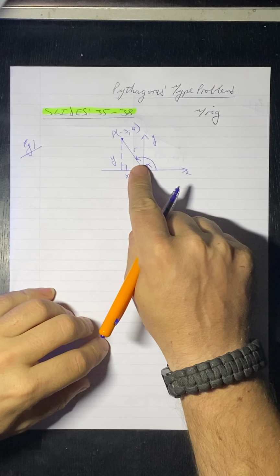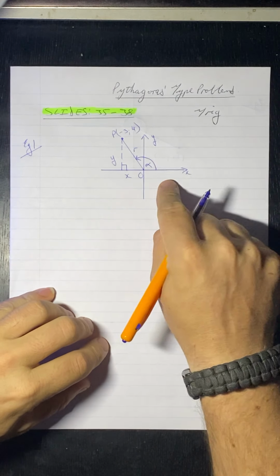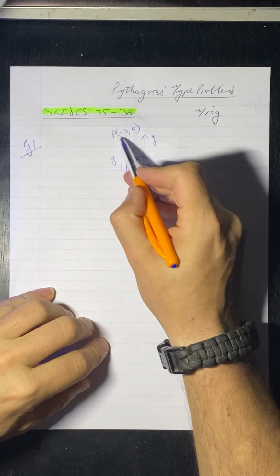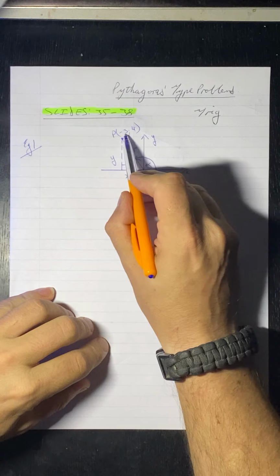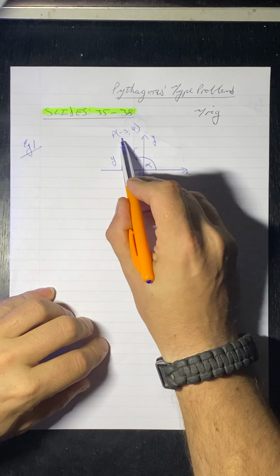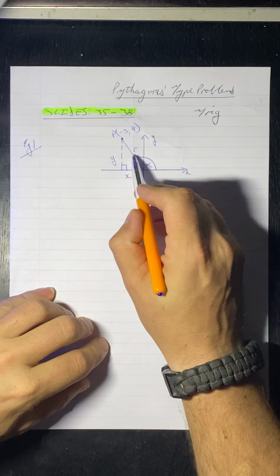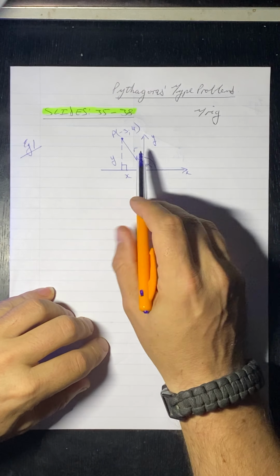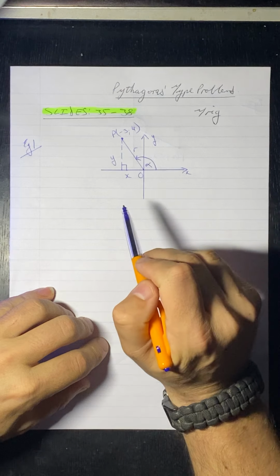So going straight into the first example, they've given us this diagram where we have an angle alpha, and there's our arm, and we have a point -3, 4, that's their coordinate, and then we've just dropped down a line to the x-axis and made a perpendicular angle there, so we have a right angle triangle.